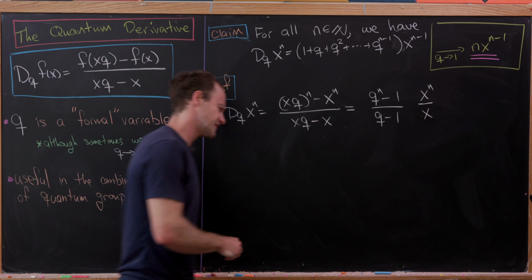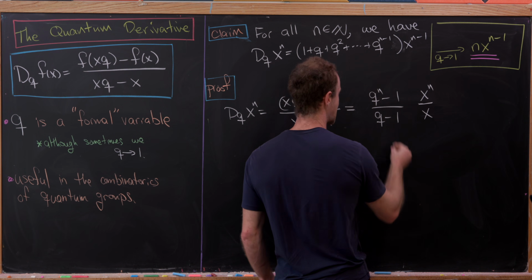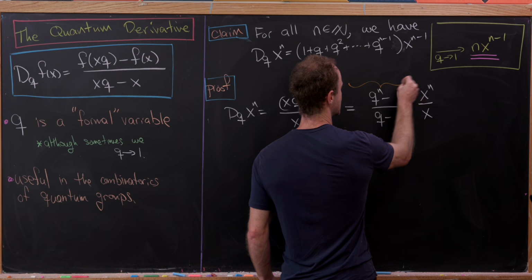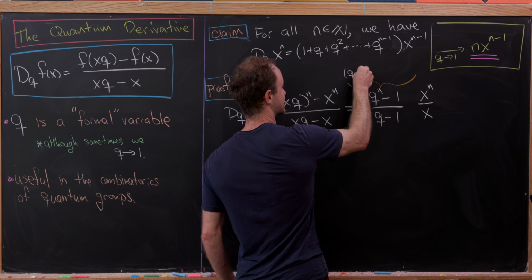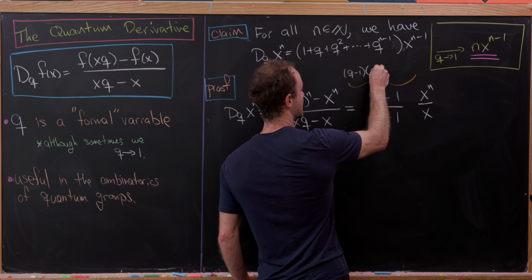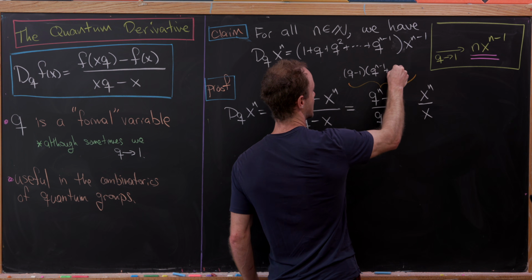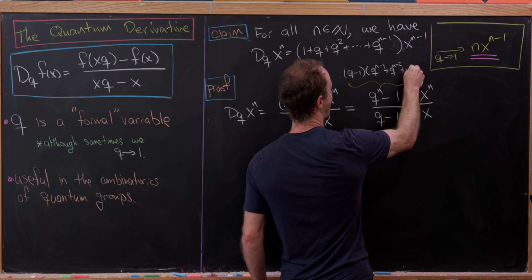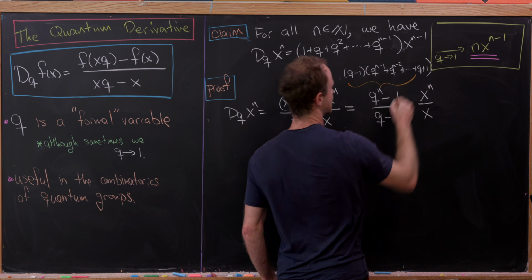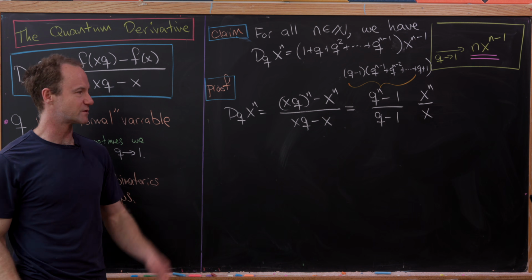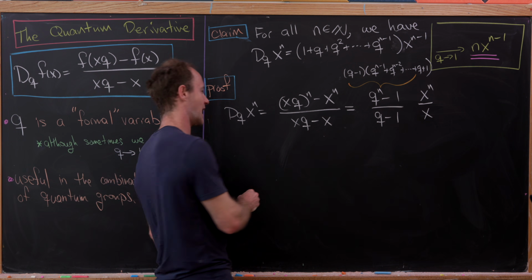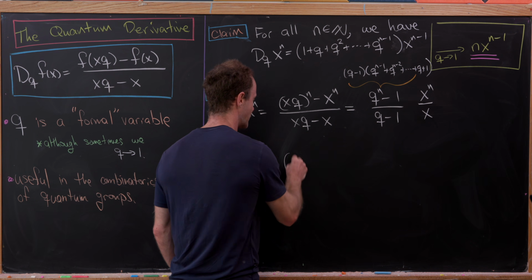Oh, but there's a nice difference of n powers formula that we can use to simplify the numerator. This in fact factors as q minus 1 times q to the n minus 1 plus q to the n minus 2 added all the way down to q plus 1. But that means that q minus 1 cancels from the numerator to the denominator, and we're left with exactly what we need.